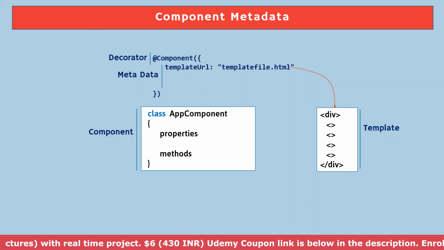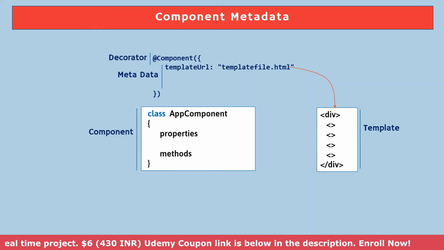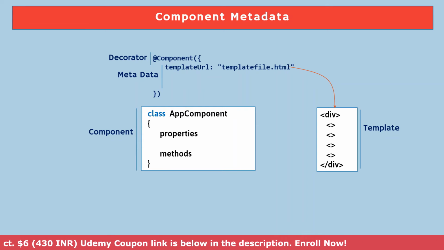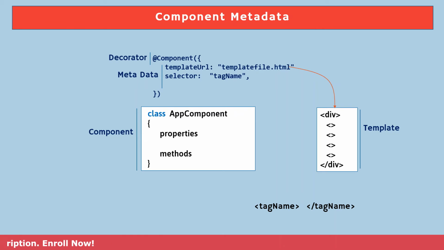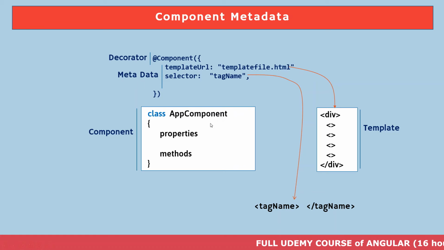For example, the template file name is app.component.html. The component can be invoked by using the tag name. The tag name can be anything, but the selector must be registered in the component metadata. For example, we have specified selector ABC. With ABC tag, the component can be invoked.